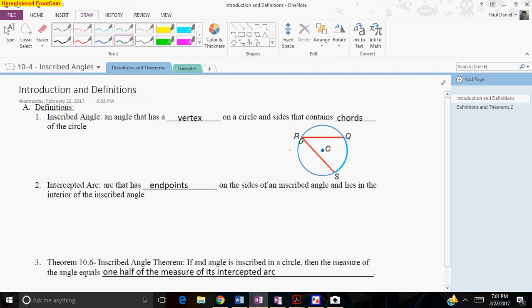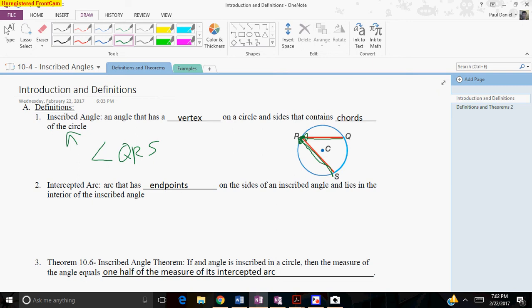So what we want is we want the vertex to be here, and then we want the sides to be these chords. Okay, so that angle QRS is an inscribed angle.